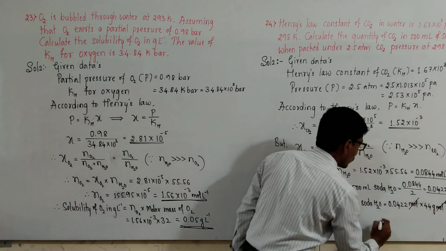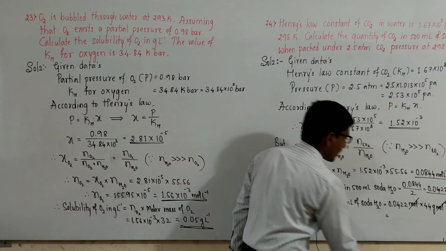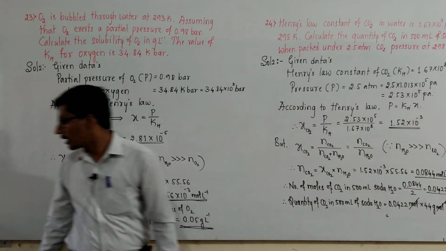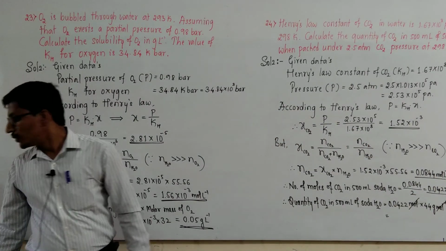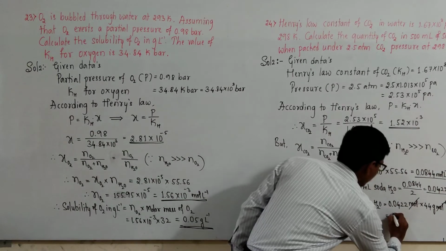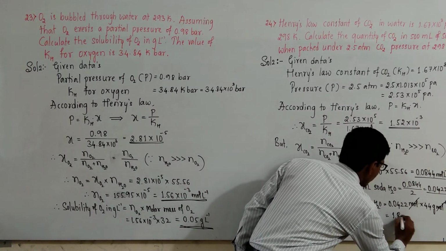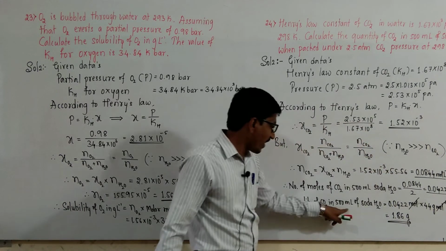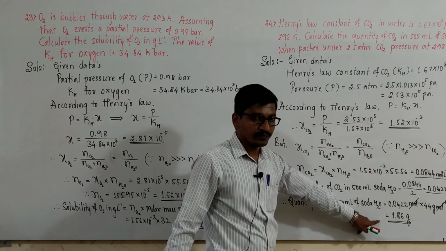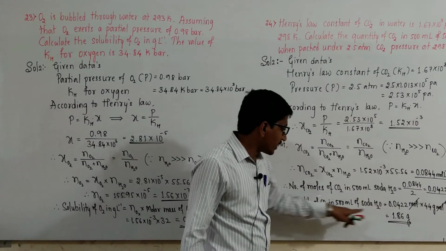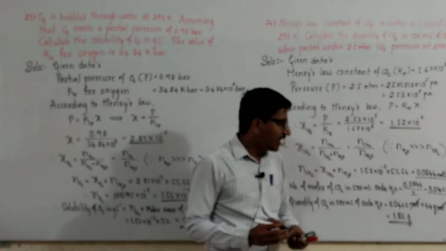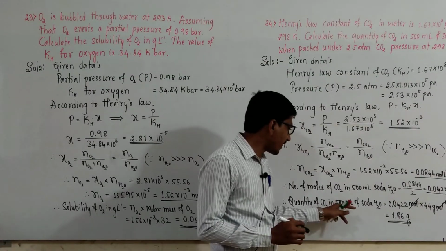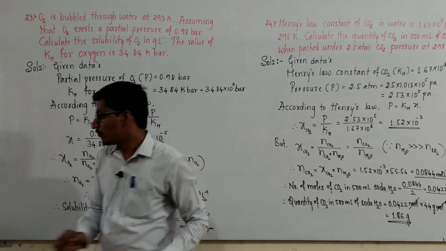Mole per mole gets cancelled, and multiplying this, the final answer is 1.86 gram. This much carbon dioxide is present in 500 ml of soda water. The quantity of carbon dioxide is 1.86 gram in 500 ml of soda water.